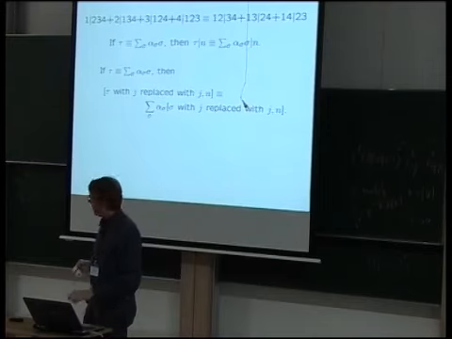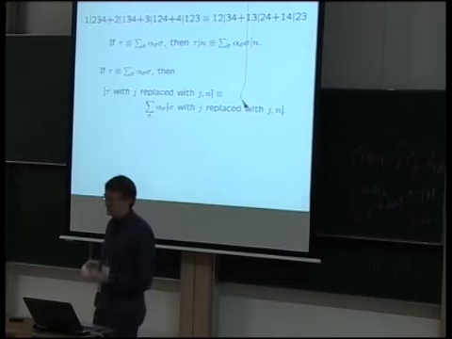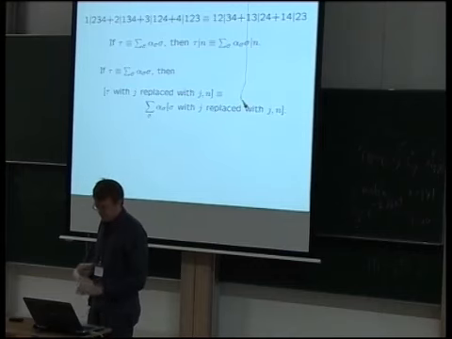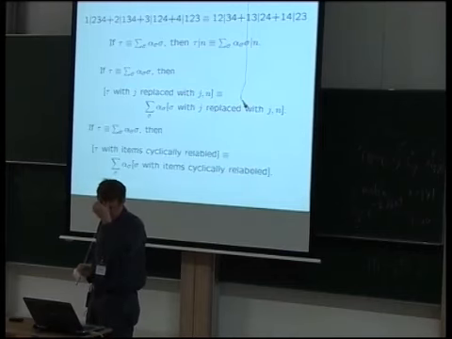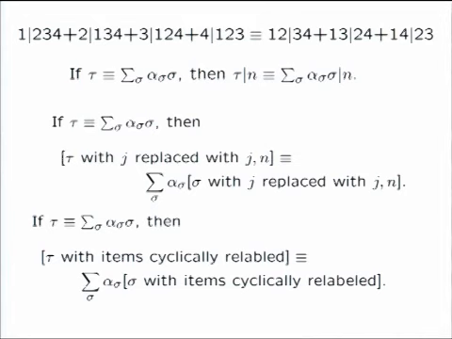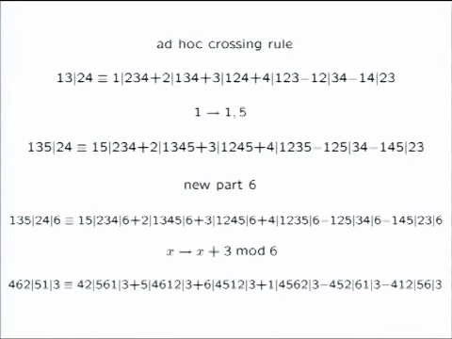Okay, so these last two rules are plausible, and they aren't too hard to check. And the fact is that if you take these rules, you can express any partition as an equivalent linear combination of planar partitions. And this is just going through an example of how to do it.